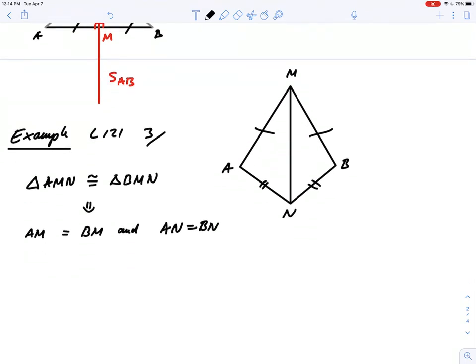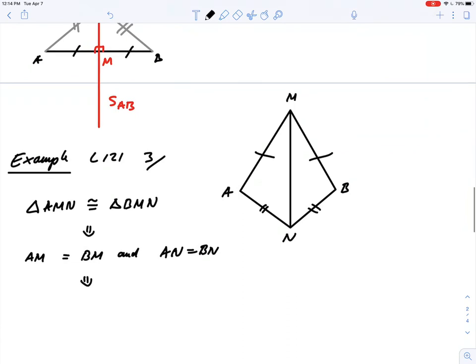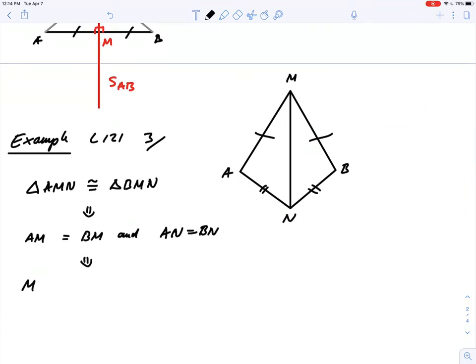Okay, so what does this tell you? This tells you, well, first of all, by our previous result up here, M and N are on the perpendicular bisector of AB. Okay? But for any two distinct points, there's only one line which passes through them, right?